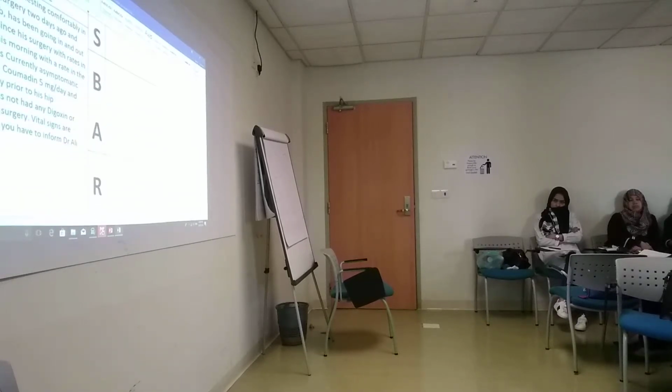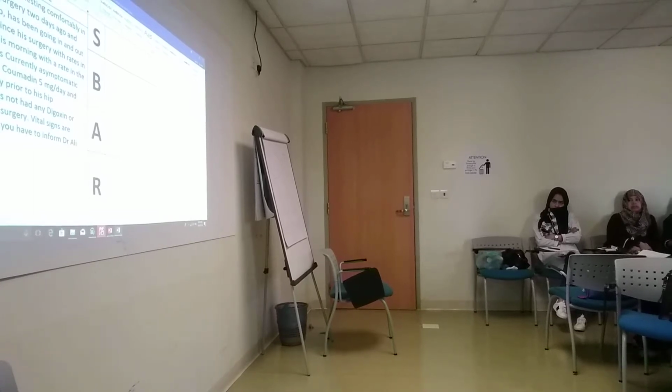Next group, Mr. Jamal in ICU room 5. He is resting comfortably in his room and he had surgery 2 days ago and he has a history of AFib and has been going in and out of controlled AFib since his surgery with rates of high 90s in the morning, and with a rate of 120-130 range. He is currently asymptomatic.